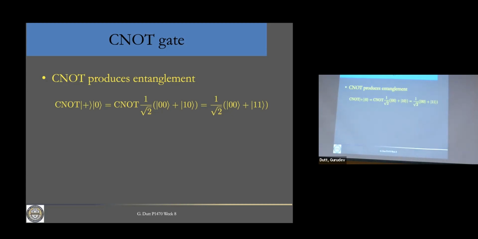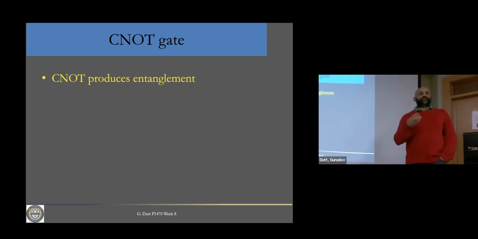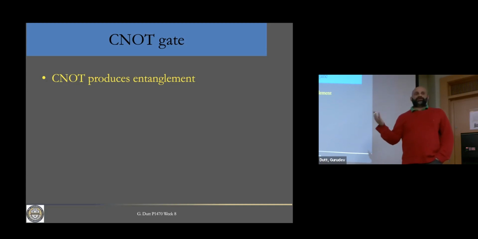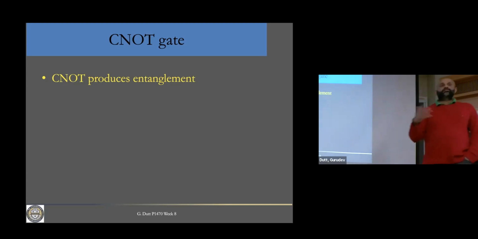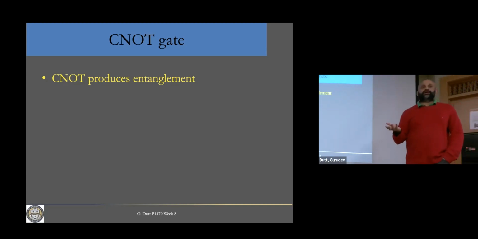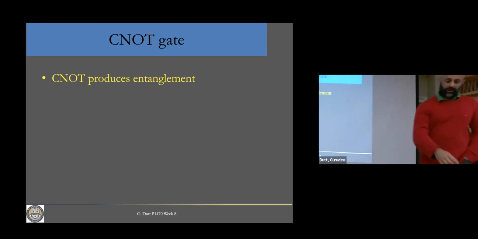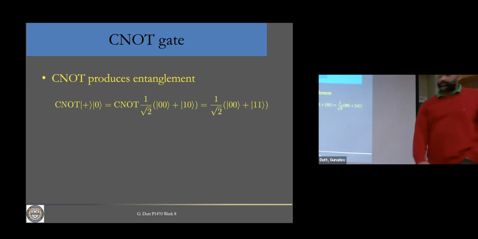If you think back to entanglement, remember we had states. Normally the states that we write down are tensor products of 0 and 0, or psi1 and psi2, where psi1 and psi2 are just general qubit states for qubit 1 and qubit 2. But entangled states are ones that I cannot write as just a tensor product of the two individual qubits.